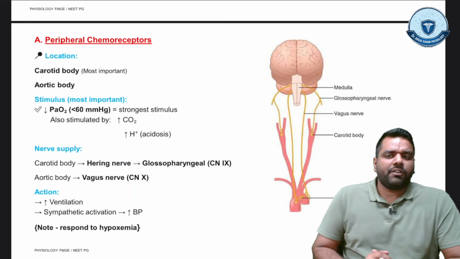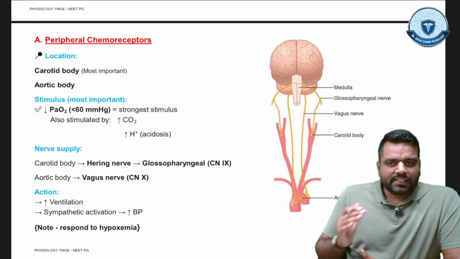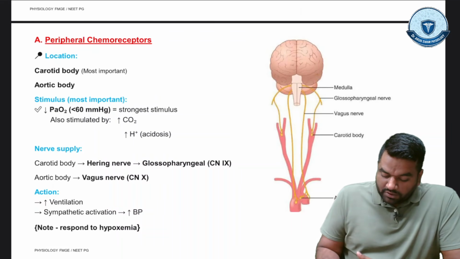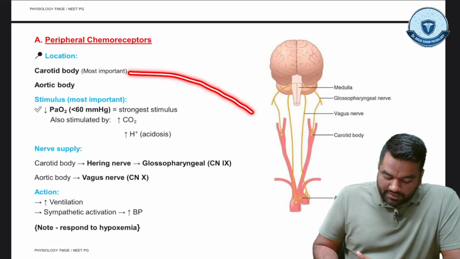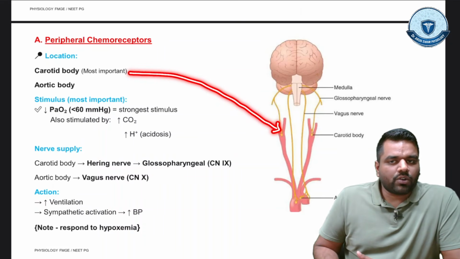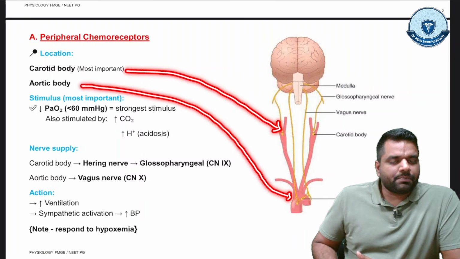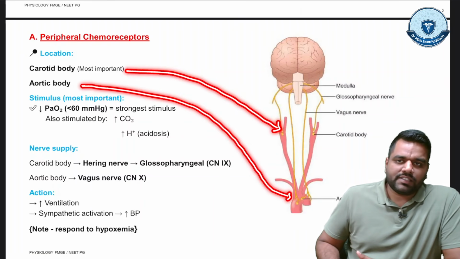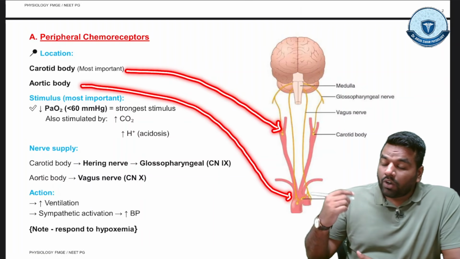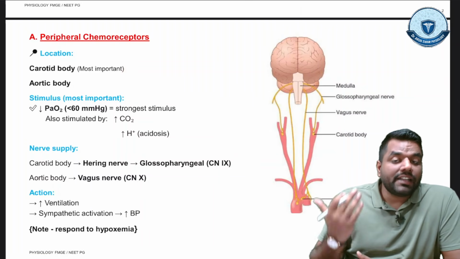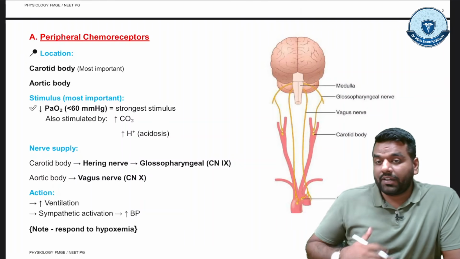First of all, the peripheral chemoreceptor. As I just told you about the location, the first chemoreceptor is situated in the carotid area, called the carotid body, and the other is the aortic body. These are the locations of both receptors. Now the stimulus: in which condition do they activate?